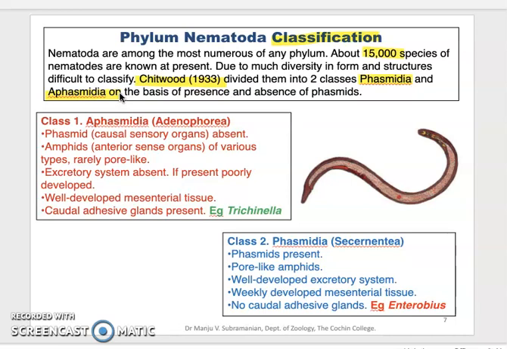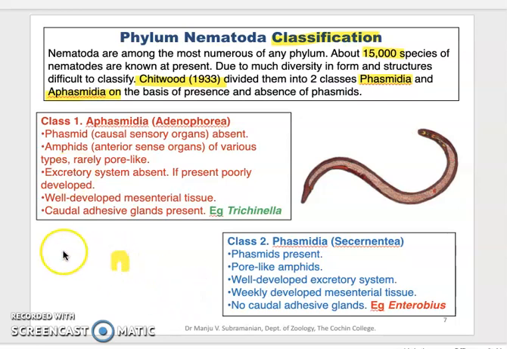These phasmids are the porous caudal papillae. A papilla is a simple projection, which is chemosensory, glandular or excretory in function.